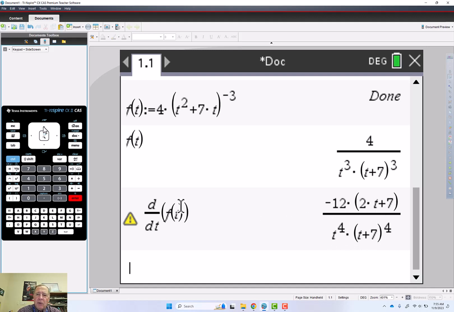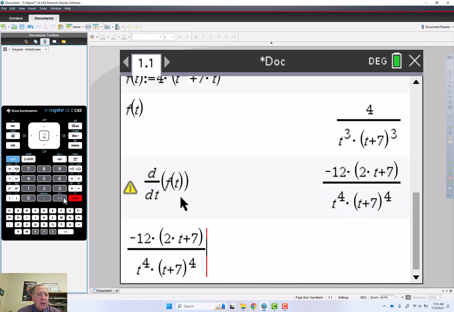If we're not sure about that, can we make sure that these things equal? So our answer was a fraction negative 12 parenthesis 2t plus 7 down to the denominator parenthesis t squared plus 7t all to the fourth power.